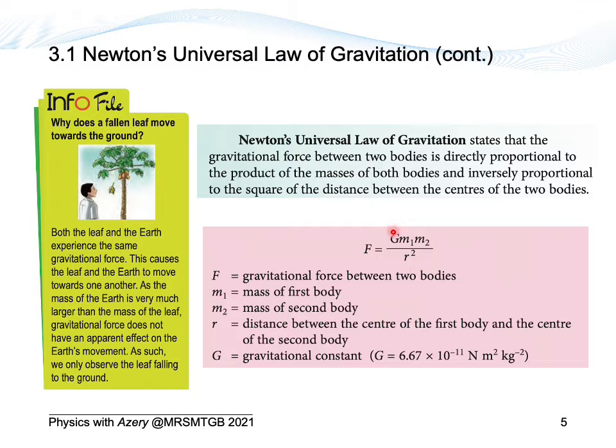What about G? What is G here? So G is the gravitational constant that has already been obtained. You don't have to know how we got the value for G. You just need to use this value at the right time, at the right place. Let's see the example next.